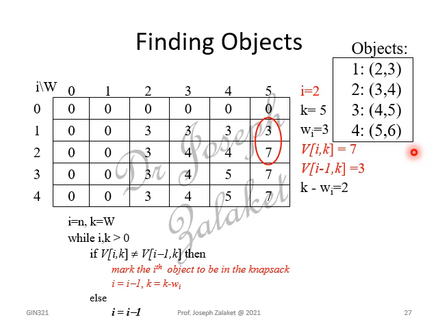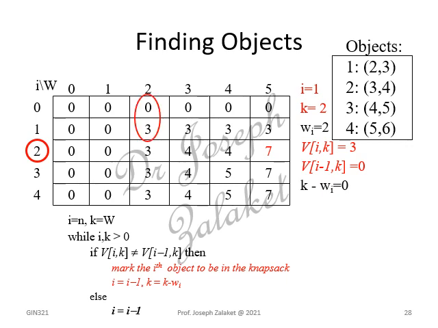After that, we will decrement i, and we will subtract the weight of the object, which is 3, from k, which is for the moment equal to 5. So k will be equal to 2. So this object is marked, and we will come to column 2.